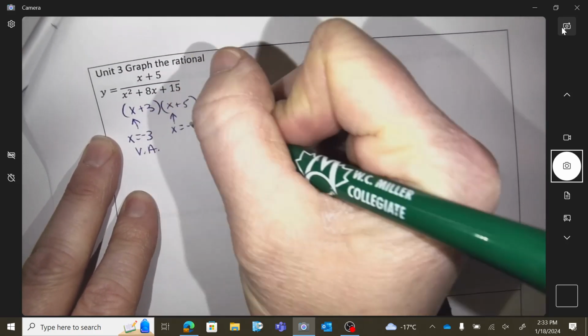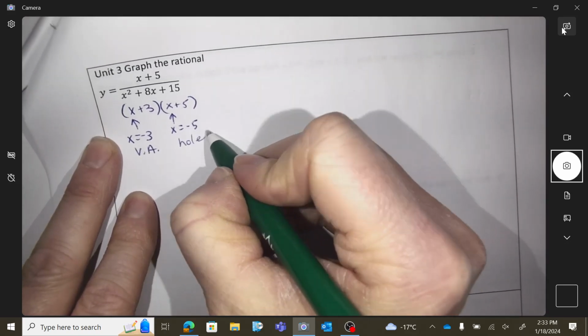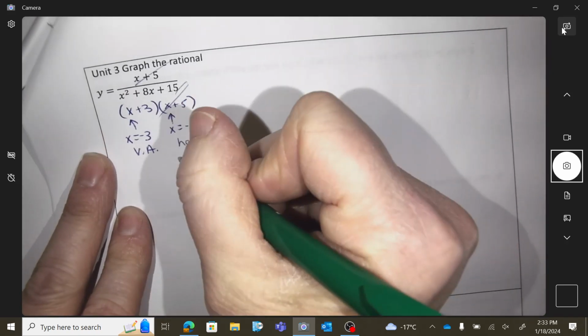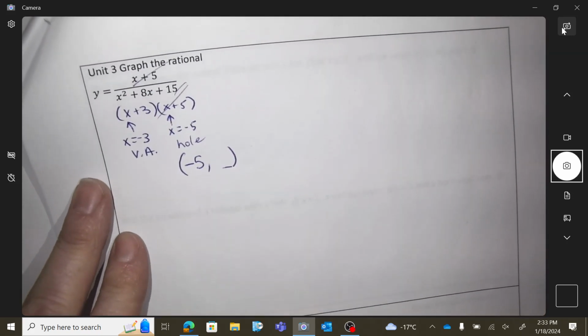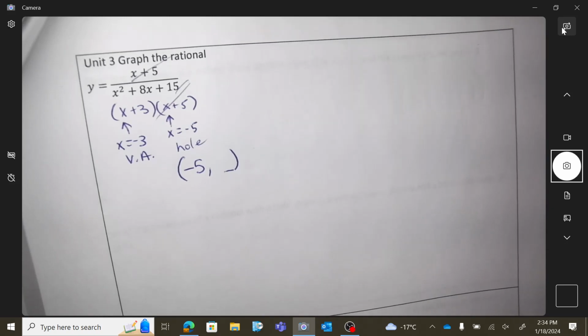And -5 is going to be a hole because of cancel. So maybe we want to do this, -5 comma something, because we will need the coordinate of the hole. On your exam, please make sure if they say what is the coordinate, then you do the whole thing, okay?